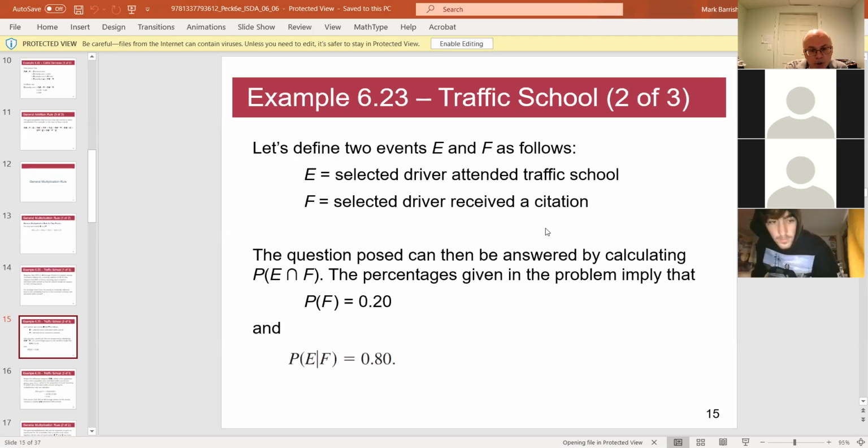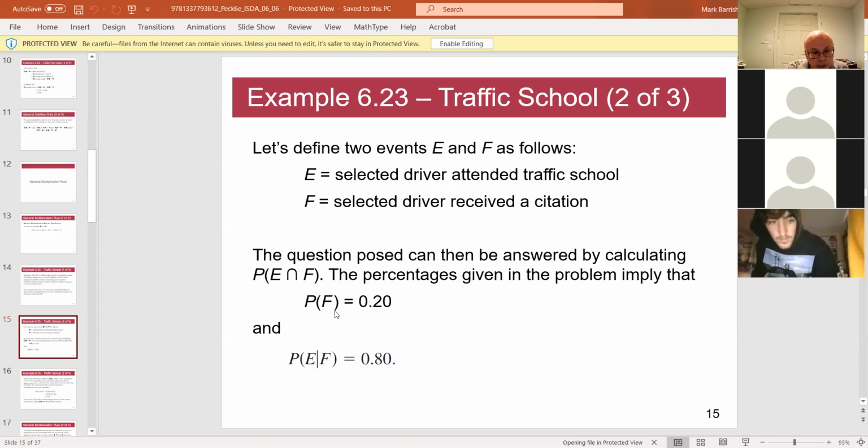What they're giving you in this problem is the probability that the person attended traffic school given that they have a citation. That's the 80% right here. See it? The probability of E, that they attended traffic school, given that we know they received a citation. The probability of F is 20%.